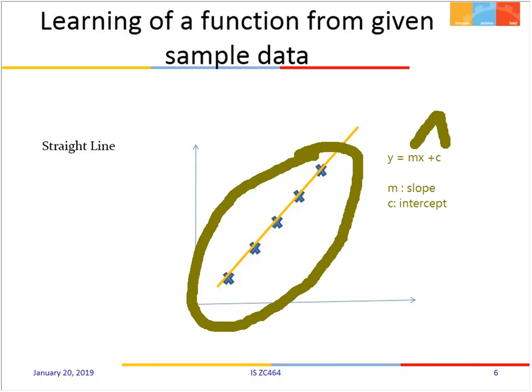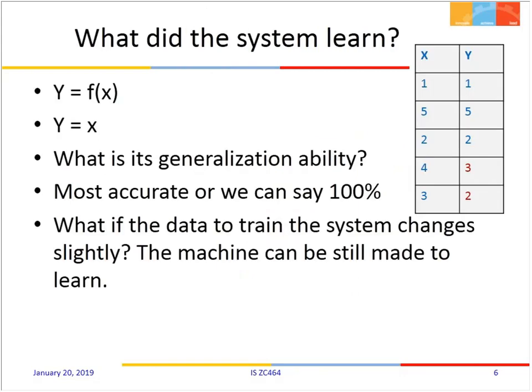But you can understand, whenever there is a term like best fit, or it goes through the maximum number of points, the terms like maximum, minimum, best, all these correspond to a kind of optimization process behind. We will see how regression can be viewed as an optimization problem later.